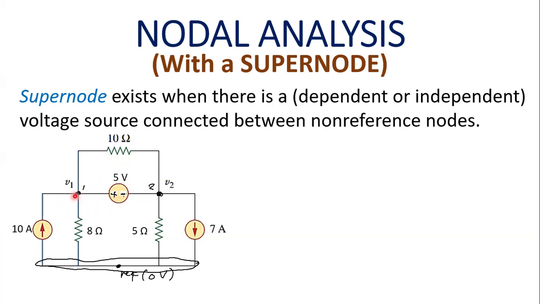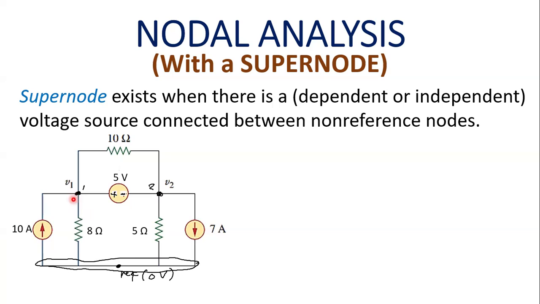Remember that the first parameters we're going to solve for in nodal analysis are the nodal voltages V1 and V2. Since we have this independent voltage source, this creates a supernode.